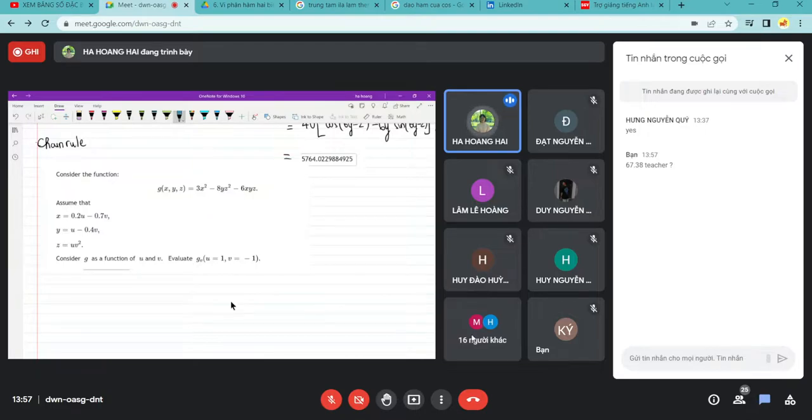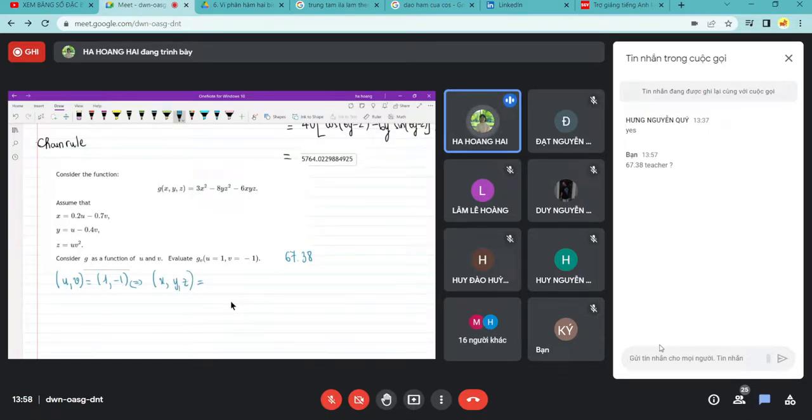Okay, so the answer is 67.38, right? So we can apply the chain rule here. With this question, we can apply the chain rule with the pair (u, v) equal to (1, -1). Then we have correspondingly x, y, and z.